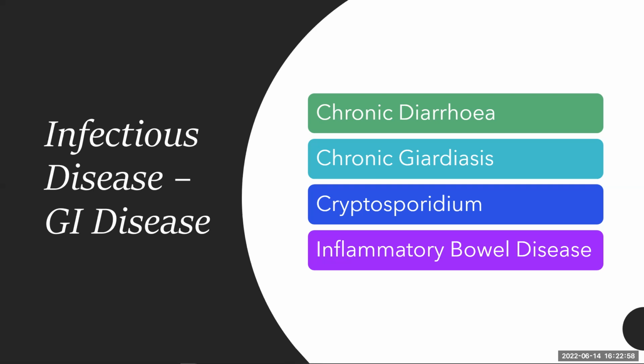Now, chronic giardiasis, rotavirus, and cryptosporidium, among other infections, have each been significant problems in patients with primary immunodeficiency diseases.